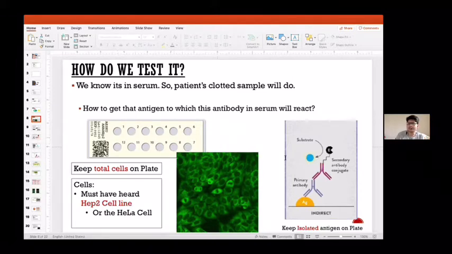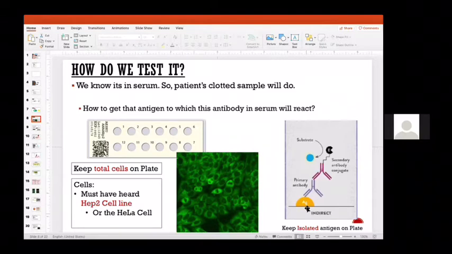Now the second method is called ELISA. In ELISA, this is the ELISA plate, and on this plate we put antigen. What is the antigen here? The nucleus. Can we remove the nucleus structure from a cell? Yes, definitely, we can remove the nucleus structure or any protein structure from the cell. A very basic concept is that the majority of antibodies work against antigens, and the majority of antigens are proteins.